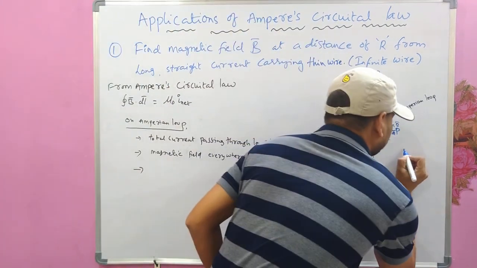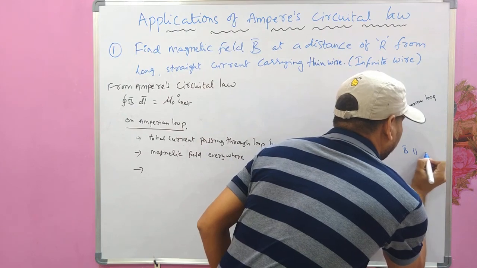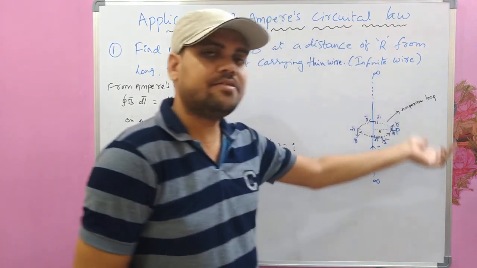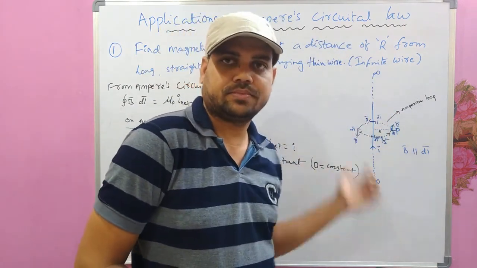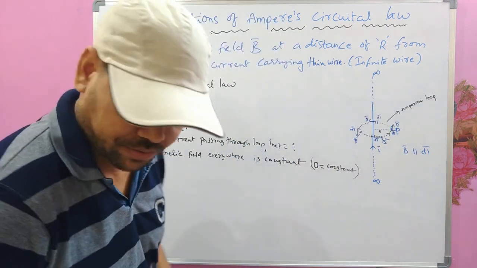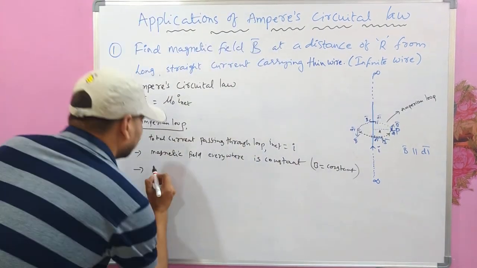B is parallel to dl everywhere on the loop. Okay, so that is what we can write on the Amperian loop.